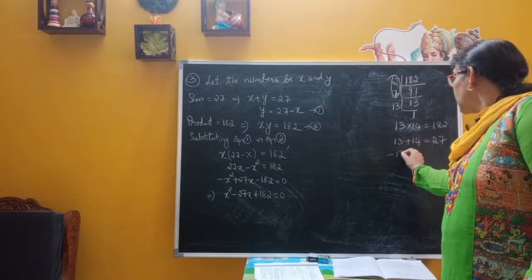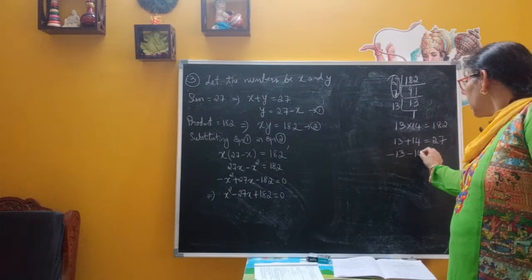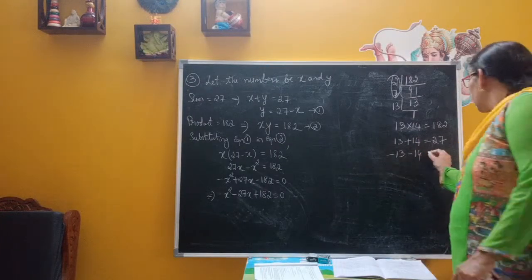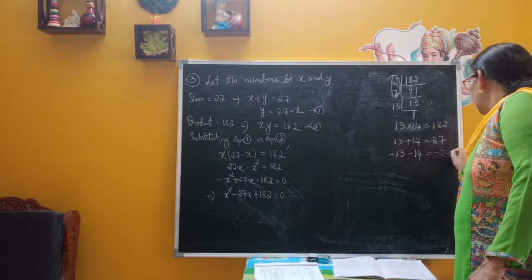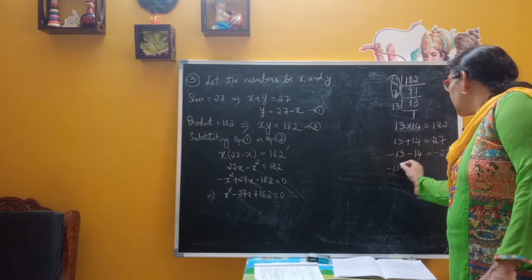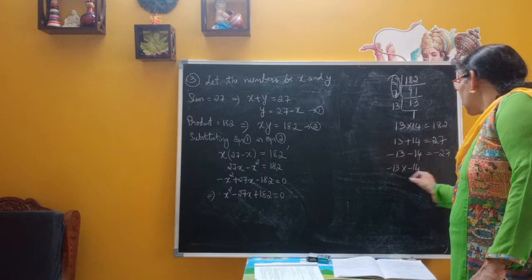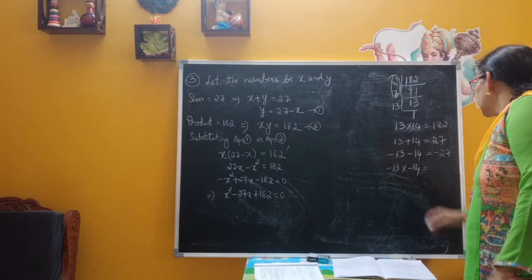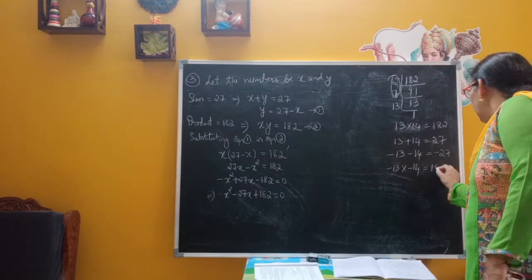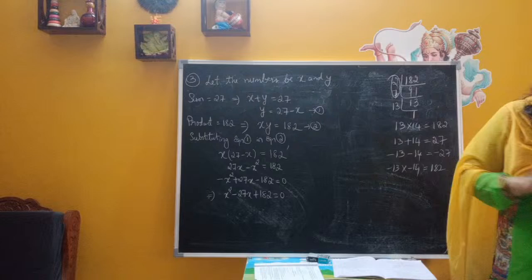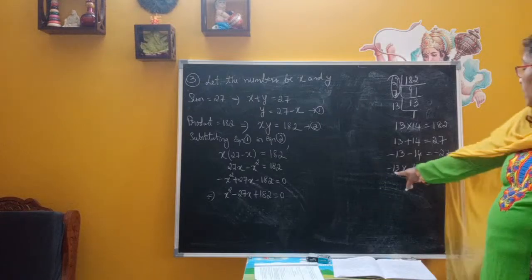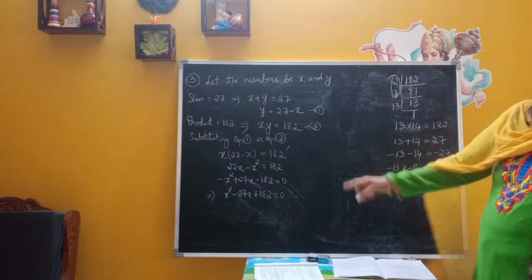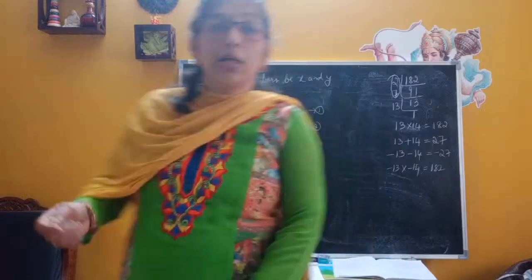That means minus 13 plus minus 14, how much? We get minus 27. And minus 13 into minus 14 gives, minus into minus is plus, plus 182. So which are the two factors? We have to use minus 13 and minus 14. Let us factorize now. Split the middle term and factorize.